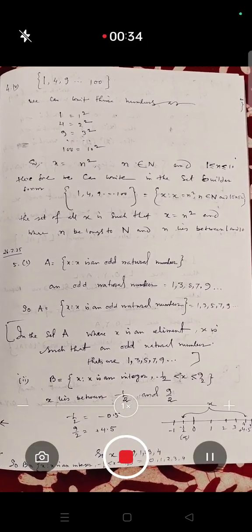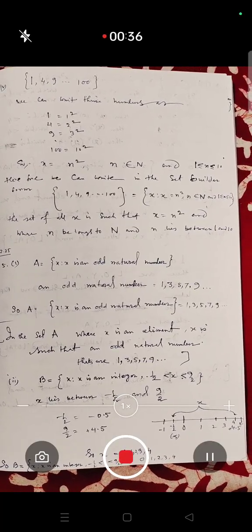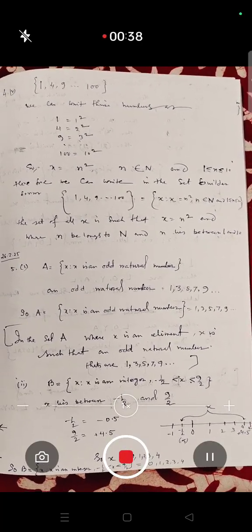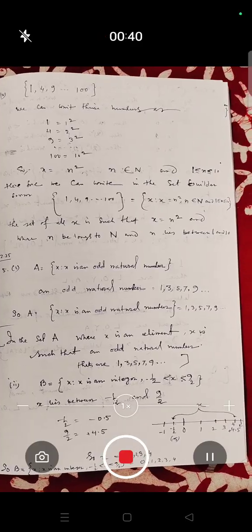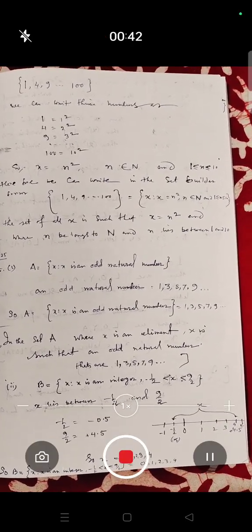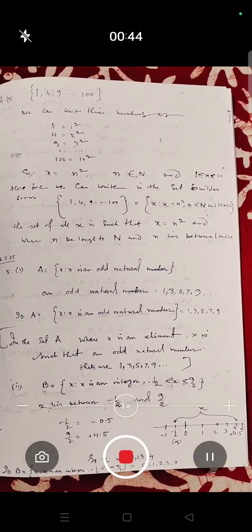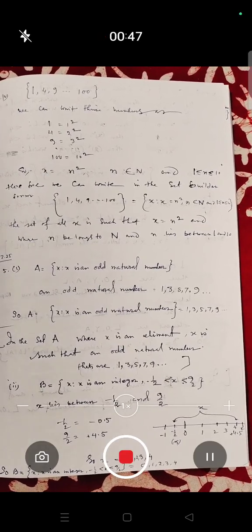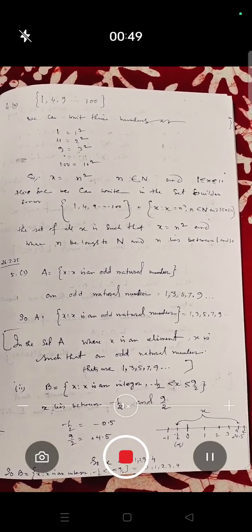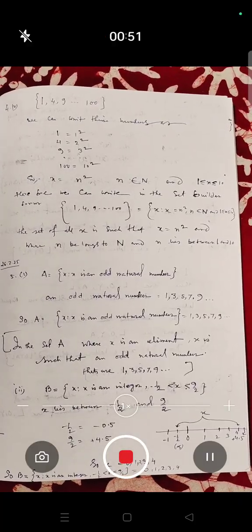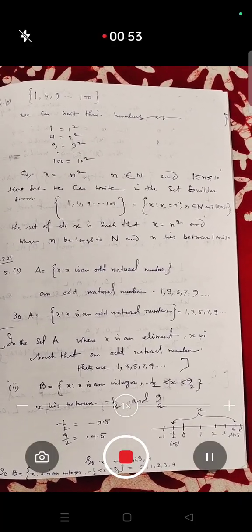So A is the set where x is an element and x is such that x is an odd natural number, equal to 1, 3, 5, 7, 9.